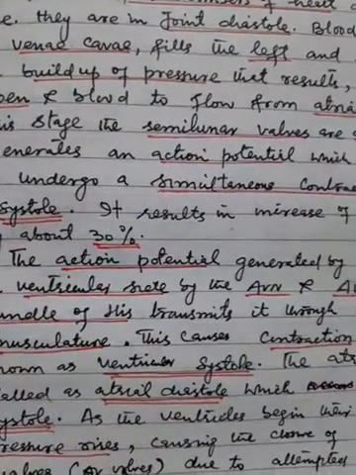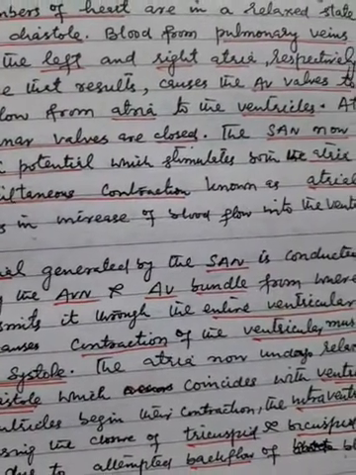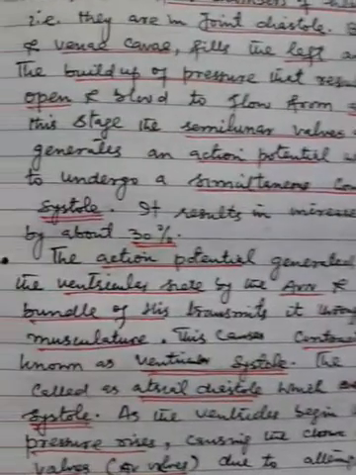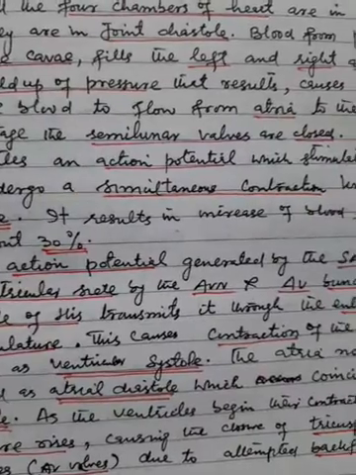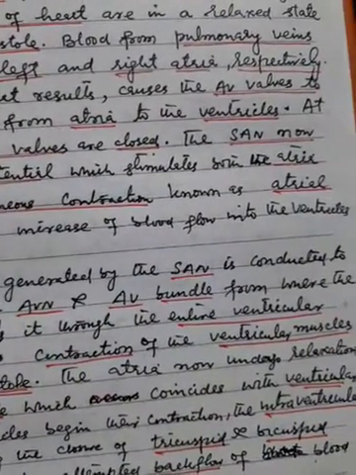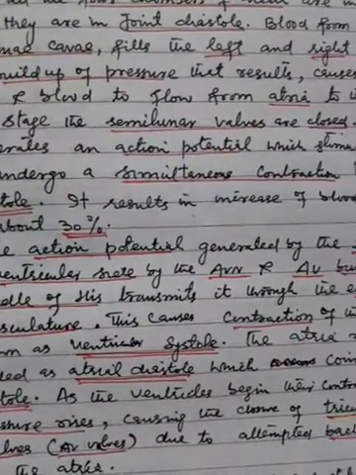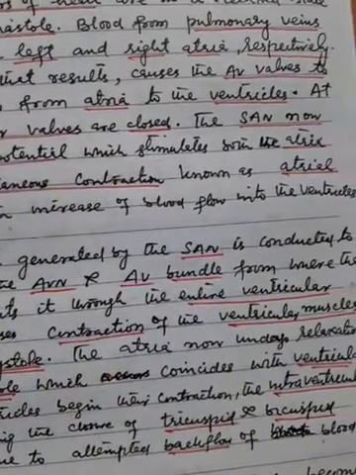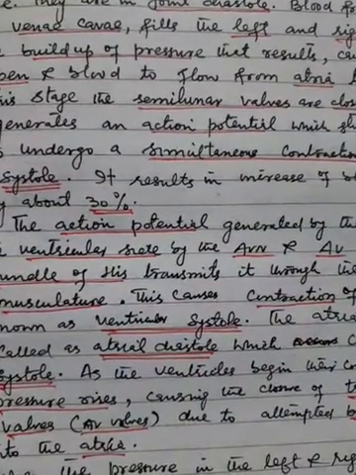The action potential generated by the SAN is conducted to the ventricular side by the AVN and AV bundle, from where the bundle of His transmits it through the entire ventricular musculature.